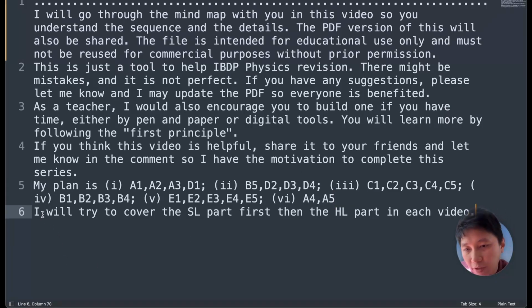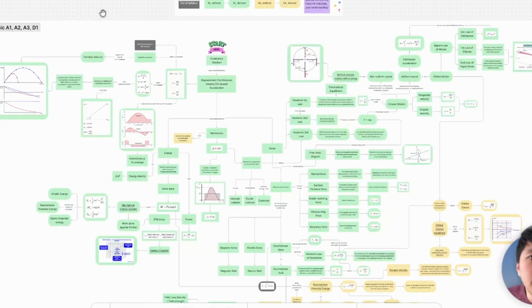For each video, I'll try to cover the SL part first, because the new syllabus is a bit different from the previous. I don't want to explain too much, but basically I want to save the SL students from going through something that is somewhat irrelevant to them directly. So everyone can watch the first part, and if you're HL, then you stay with me until the end. Alright, let's get to the mind map.